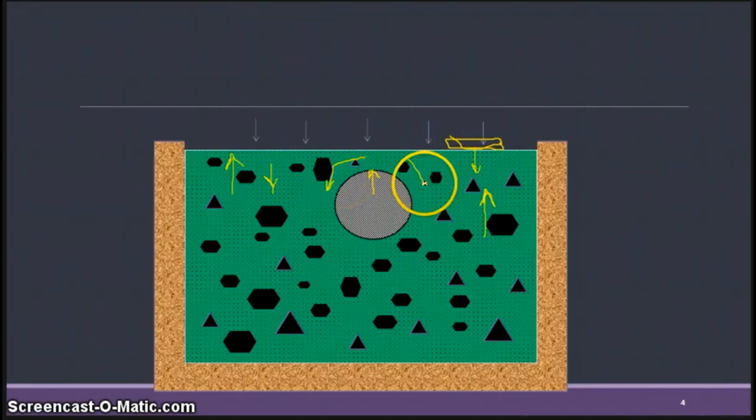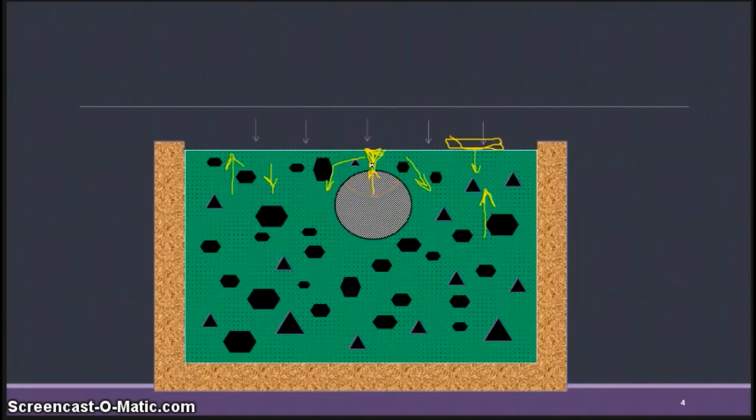This again will go down, whereas the material in this region above the steel will have a strong support of the steel, so it won't go down. So because these two parts are going down, the crack is going to form on the surface of the steel.